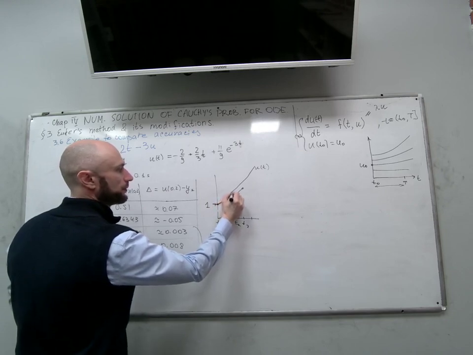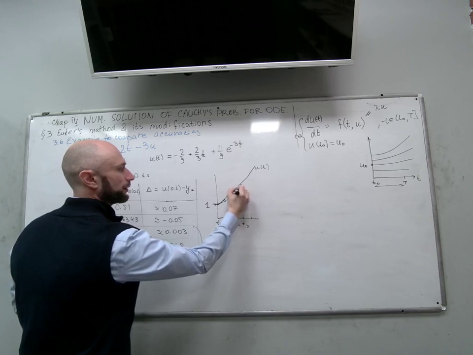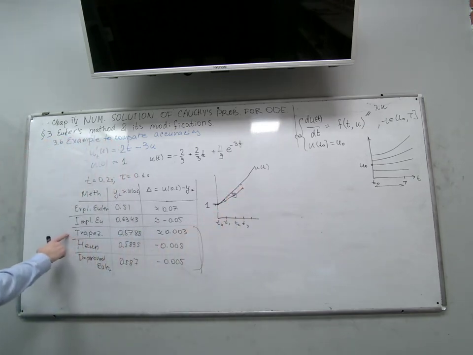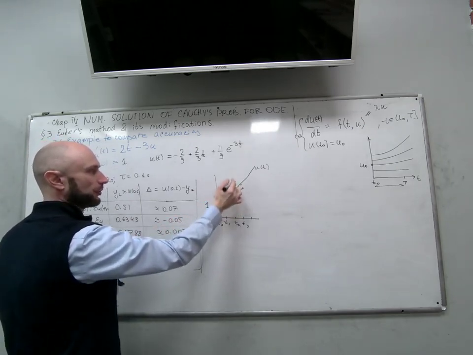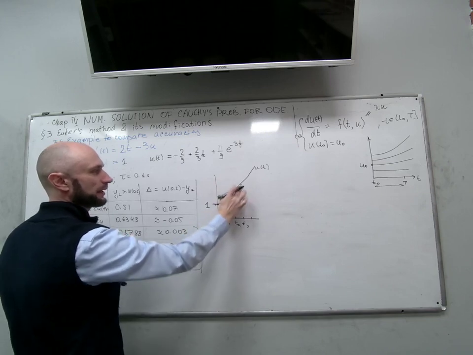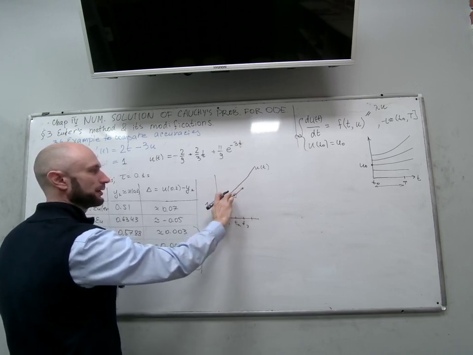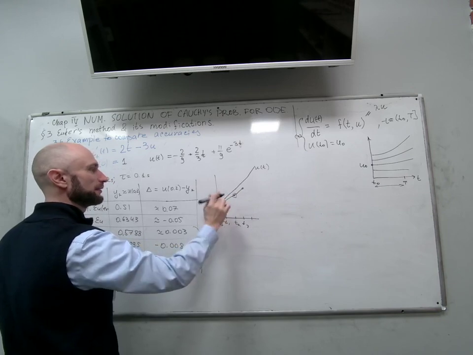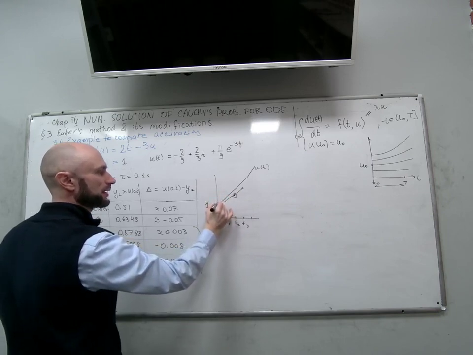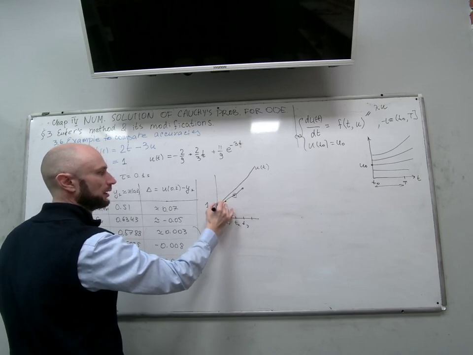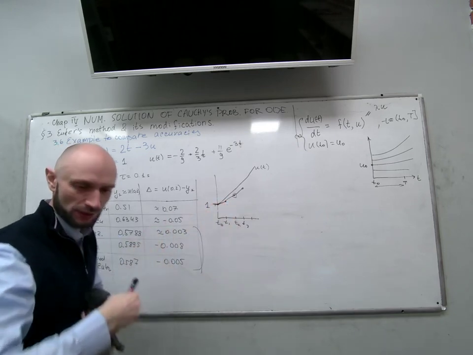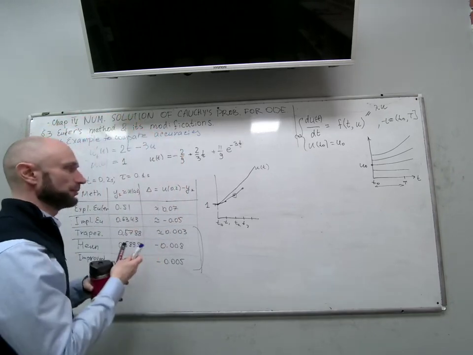Closer, closer, closer. And all other methods are a little closer or a little farther. Well, actually, I didn't do a correct plot, because the implicit Euler is not much better in terms of accuracy as compared to the explicit Euler.